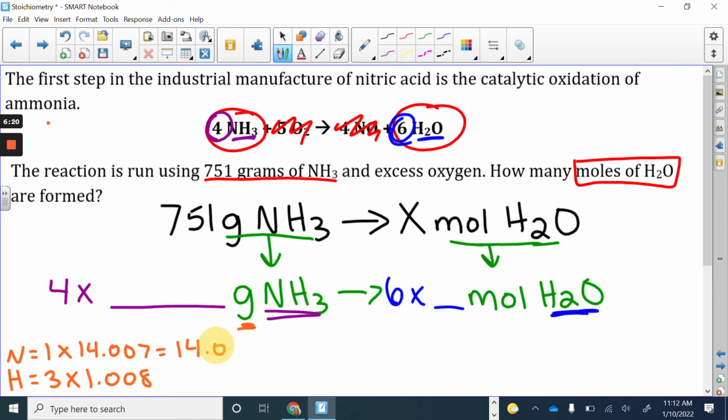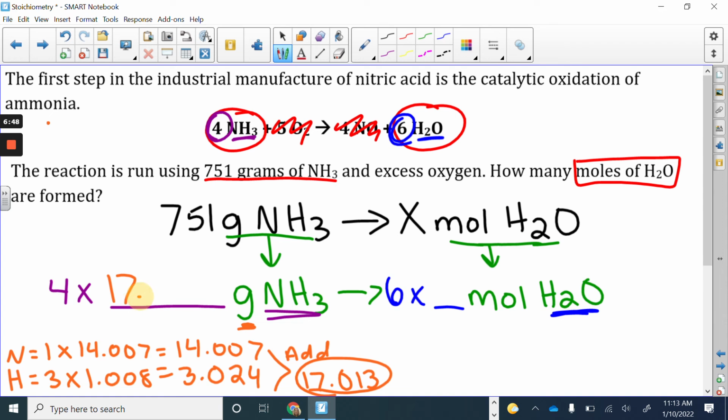Do those calculations: 1 times 14.007, and then 3 times 1.008 gives me 3.024. And then we're going to add these together to get 17.013. This is the number that's going to go in our blank.